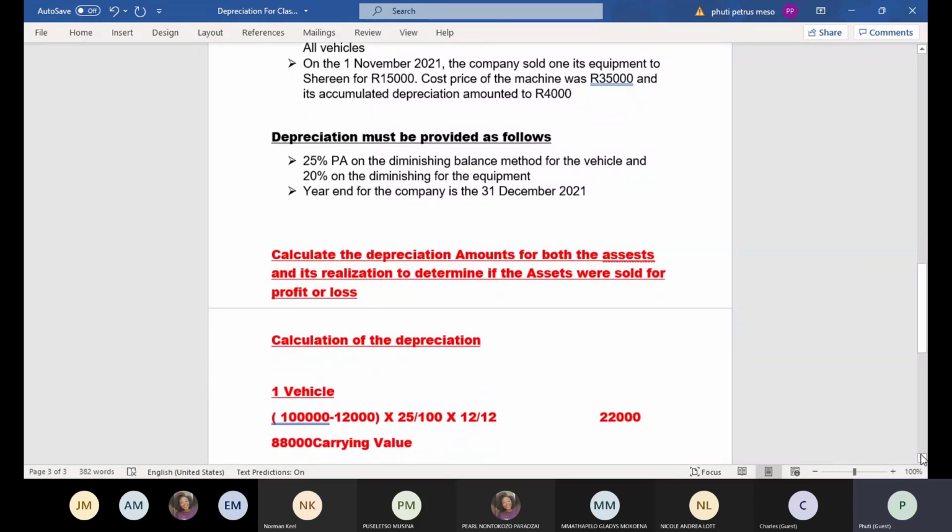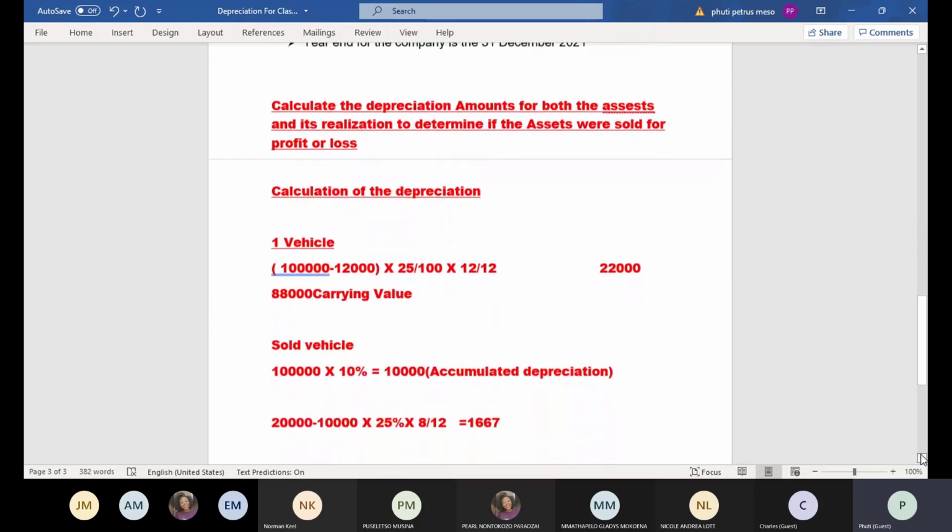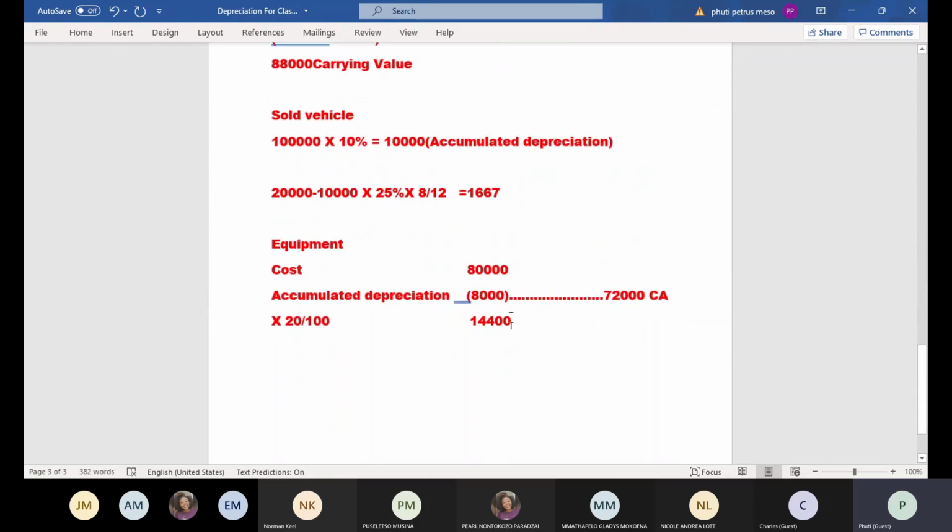So you'd say cost 35,000 minus 4,000 rand accumulated depreciation in brackets, and the carrying value will amount to 31,000 rands.